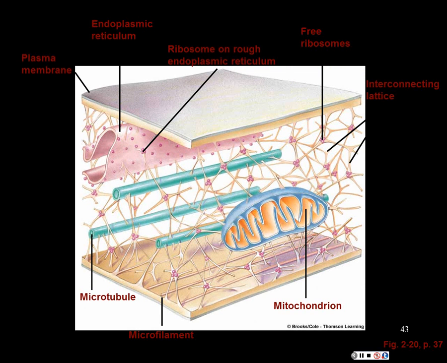The next image that I have shown just helps illustrate the networking ability of the cytoskeleton. These are microscopic, and so sometimes they're difficult to see, especially if you're looking at a light microscope like we'll do in lab today and at the end of the semester. They're just so tiny, we can't see them with a light microscope.